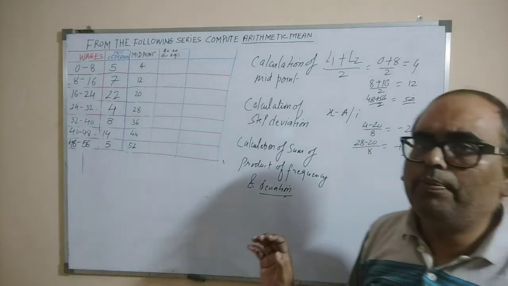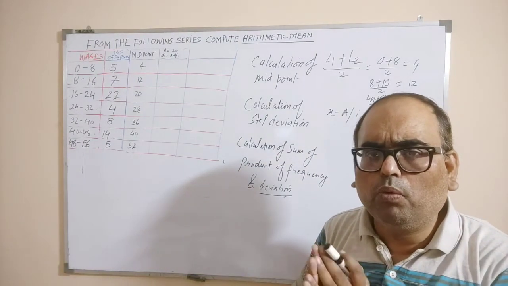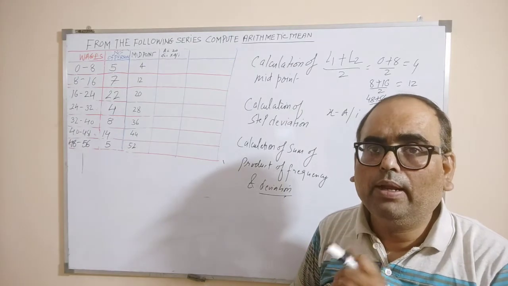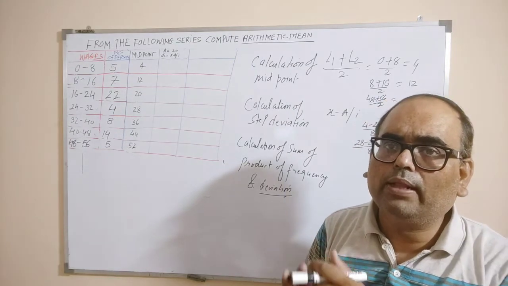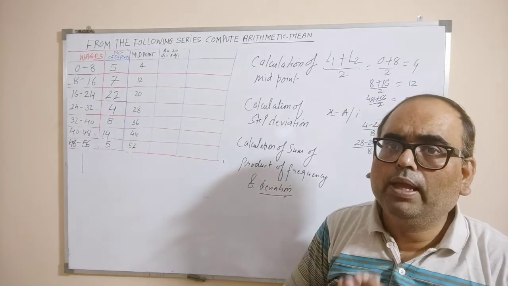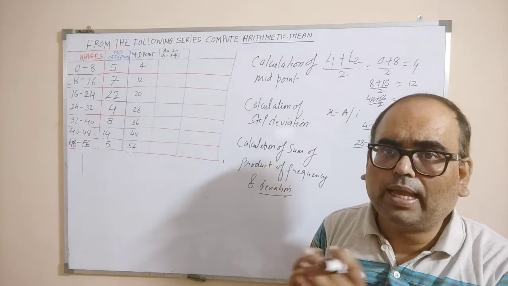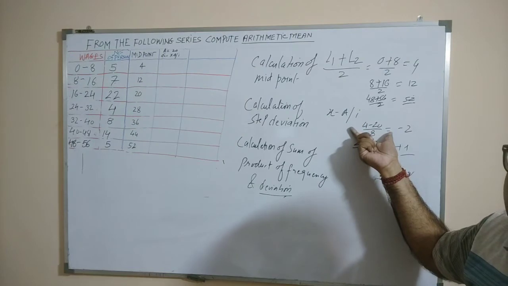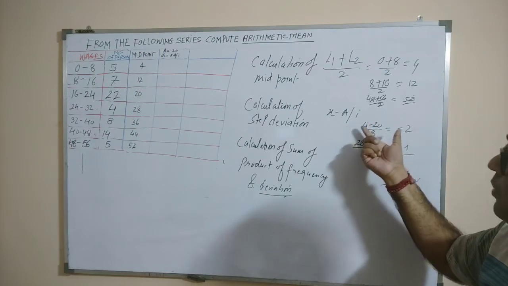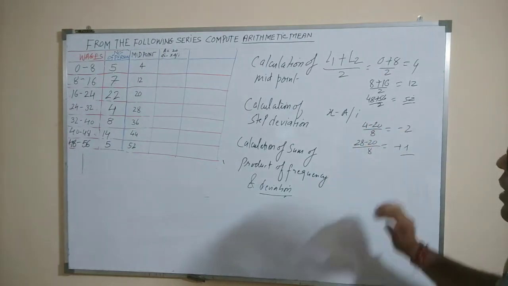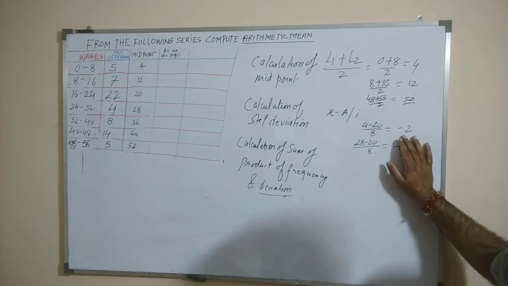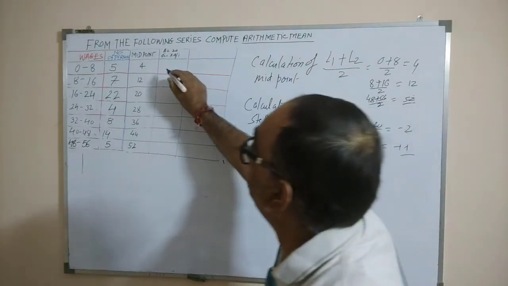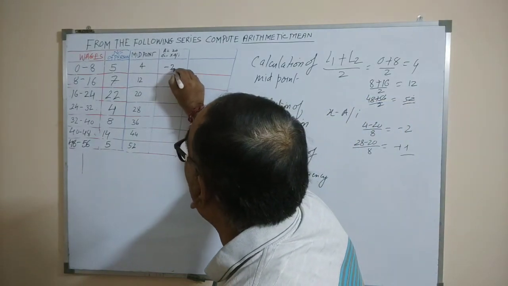For calculating step deviation, the most important point to keep in mind is the negative and positive signs. When we subtract 20 from 4, the value comes negative, minus 16, and we divide minus 16 by 8, the value will be minus 2.